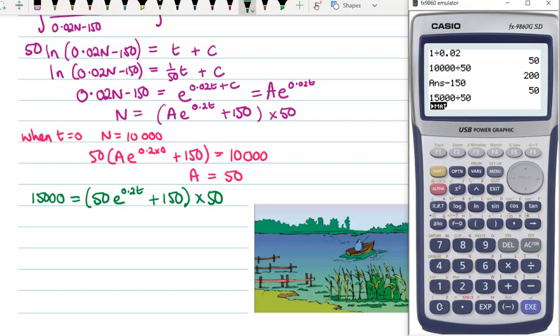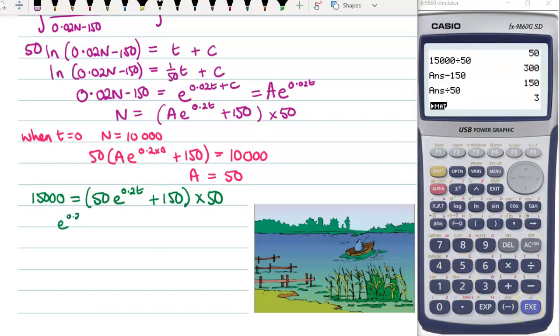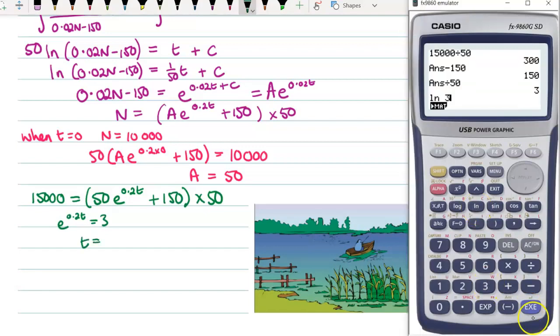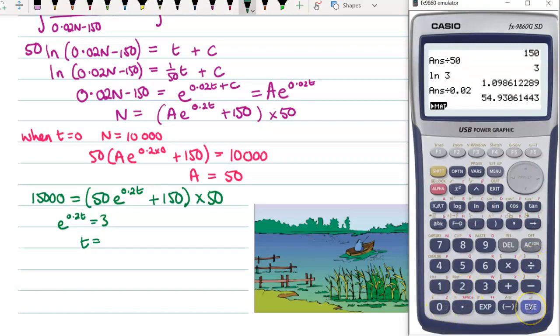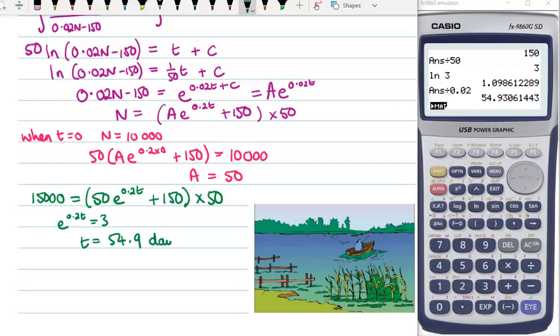Or you could also put this into an equation solver if you don't want to work through the steps. We're going to take off 150, divide by 50. What we've got so far is that e to the 0.02t is equal to 3. So if I take natural log of 3 and divide it by 0.02, I get 54.9 days.